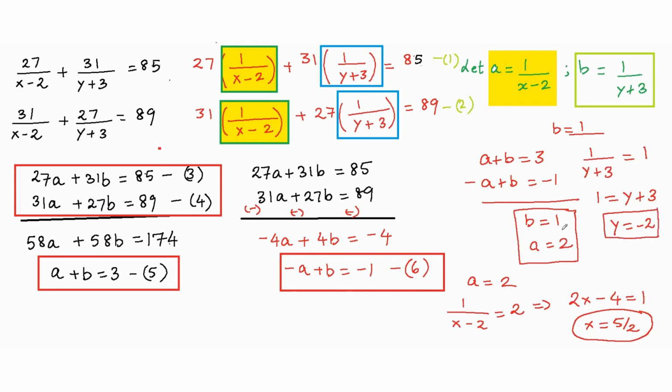So this is how from the intermediate variables A and B, I was able to obtain the variables X and Y. Let me pause for a minute. There are a few things that you should notice here. One difference compared to the previous questions was, I don't just have 1 by X and 1 by Y. I have something more than that.